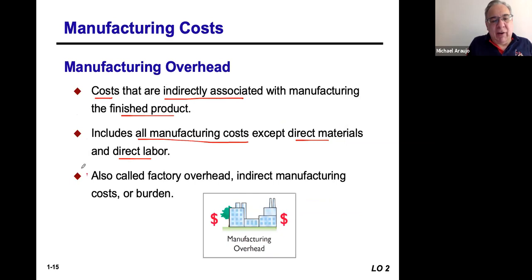Manufacturing overhead is also known as factory overhead or indirect costs or burden. These are other terms that are used, but this particular book uses manufacturing overhead, and that's the term you have to know.